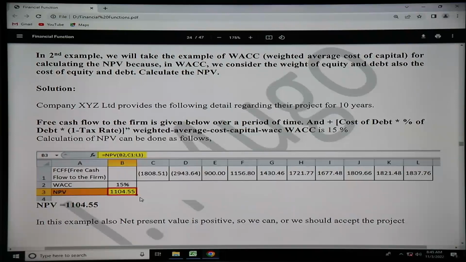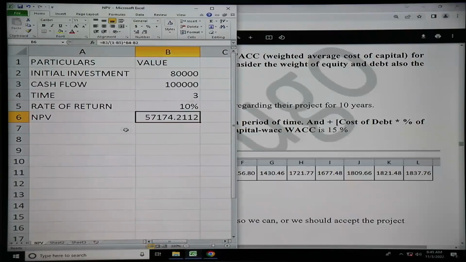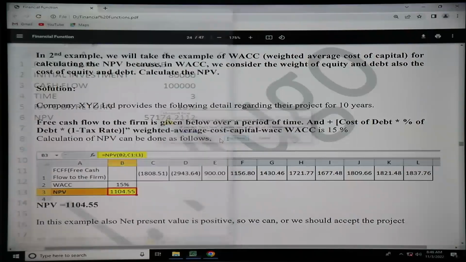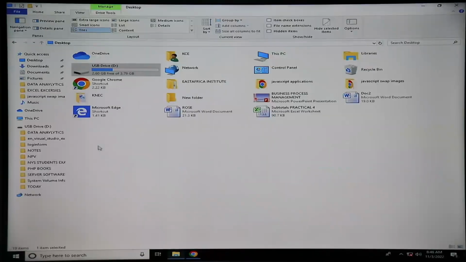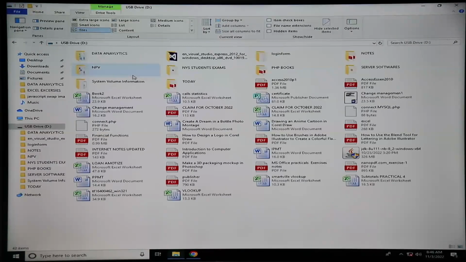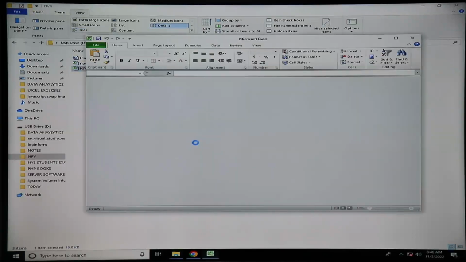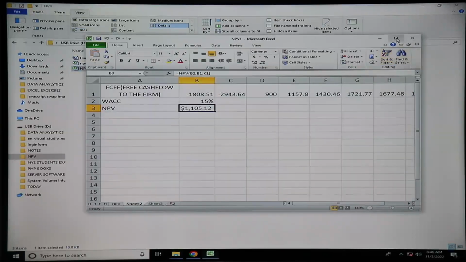So let's see this function and how it works. Now that you have the data, we will have this function. So just a minute, let me open it. So that is our worksheet.